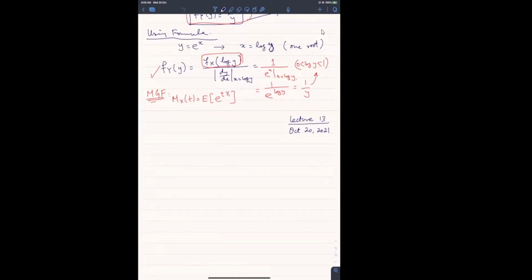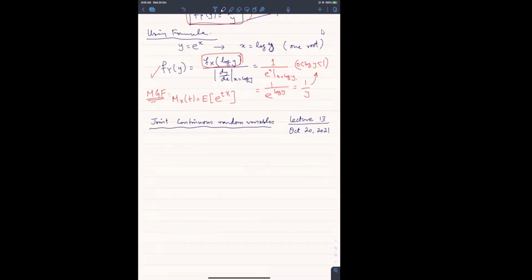So today we are going to talk about joint continuous random variables. The concepts are fairly similar to the discrete case, except that the probabilities here are calculated incrementally using integrals instead of summations.